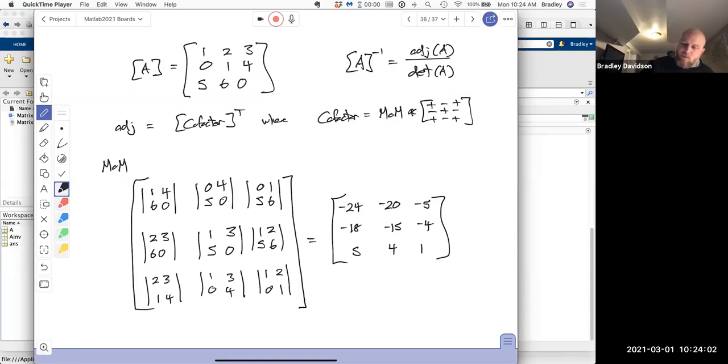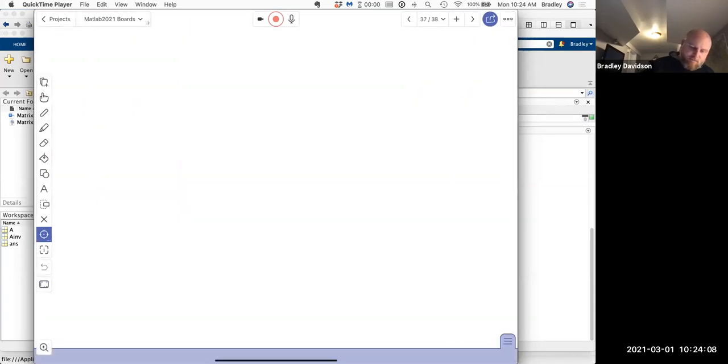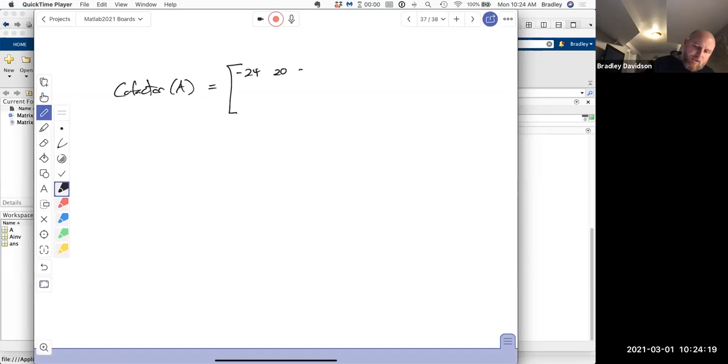And so then our cofactor will be our matrix of minors multiplied times our checkerboard of signs. And so cofactor of A will be negative 24, 20, negative 5, negative 18, negative 15, negative 4, 5, 4, 1.